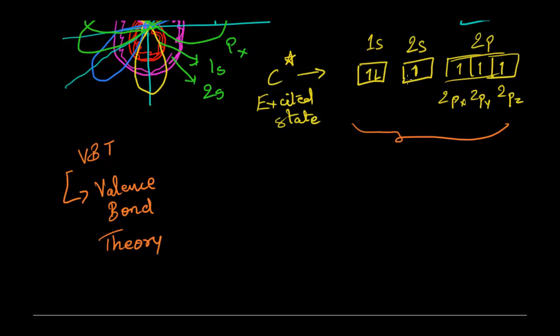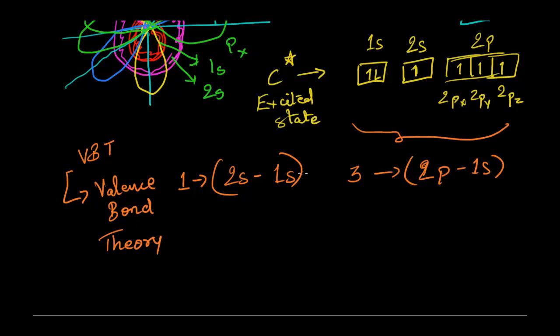But in that case there will be one bond of 2s and 1s overlap, and three bonds of 2p and 1s overlap.